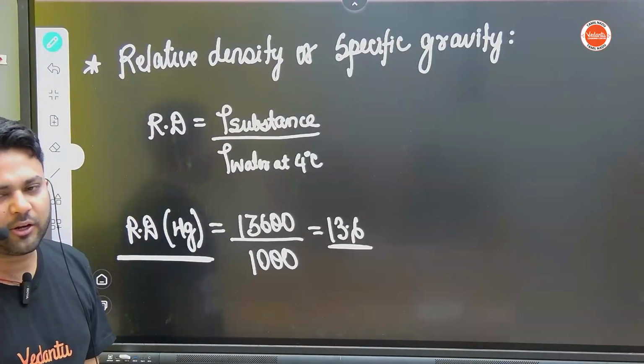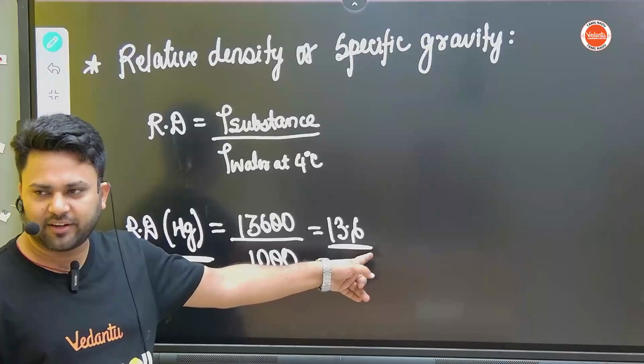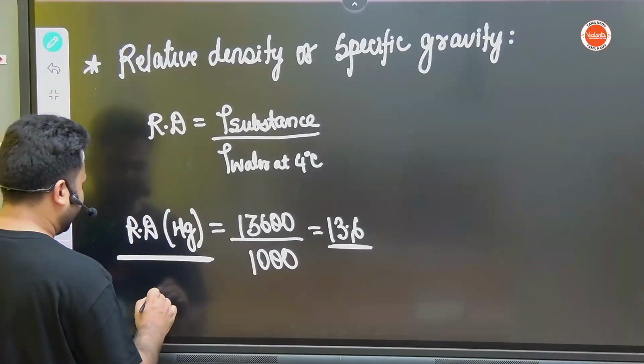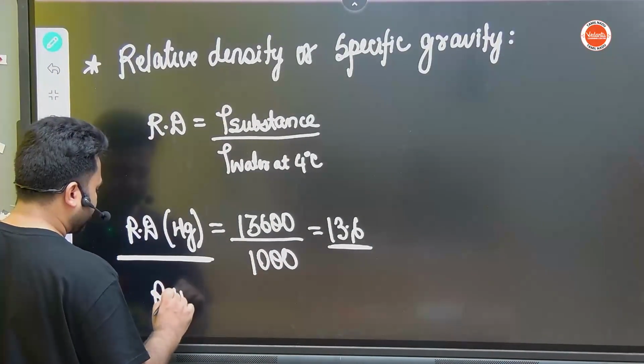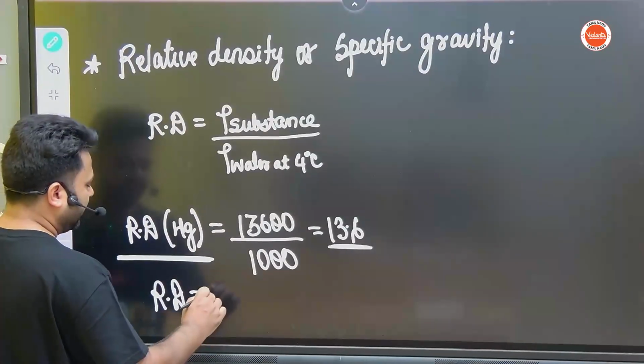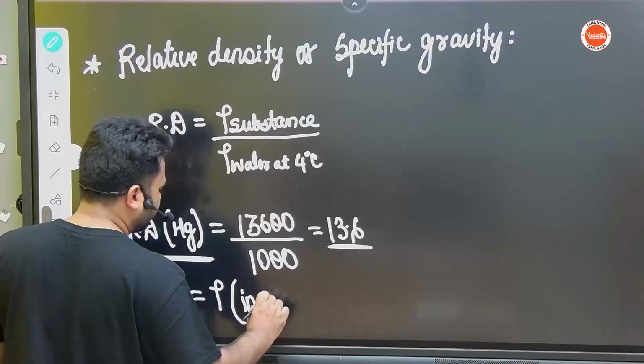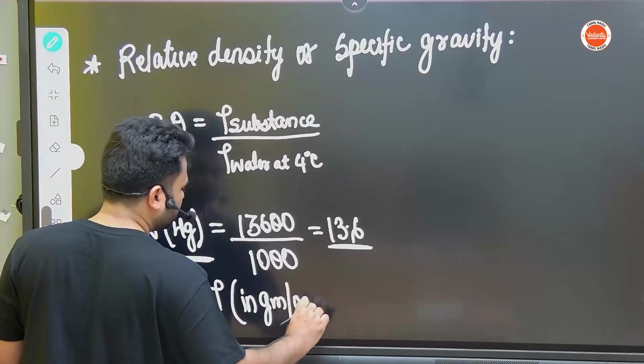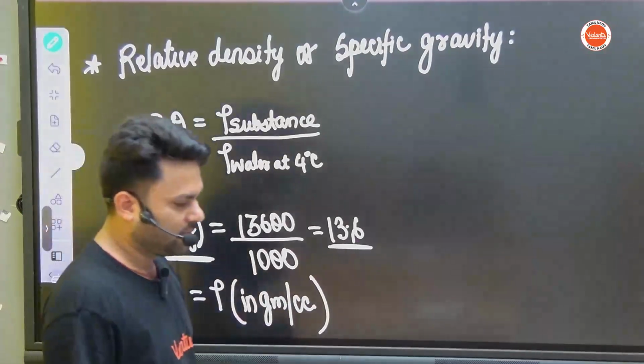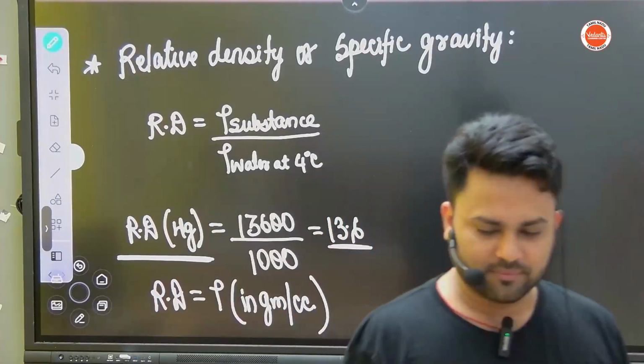What was the density of mercury in gram per cc? Just now we calculated 13.6. So you can write that the relative density of a substance is its density in gram per cc. Write it down if you want to.